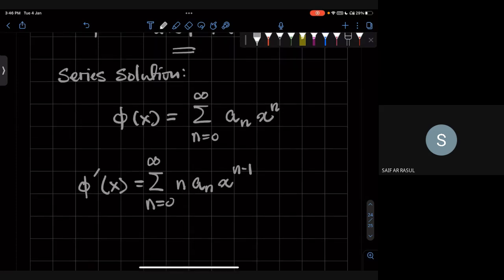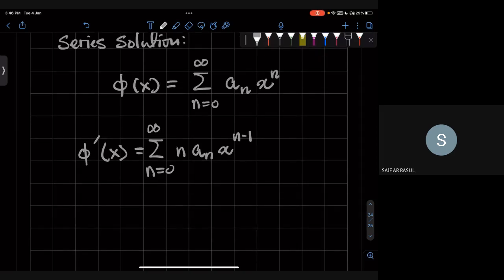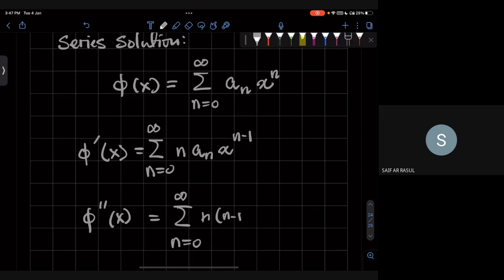As you can see, the n equals 0 term is not going to contribute. And then phi double prime of x is similarly the sum from n equals 0 to infinity of n times (n minus 1) a_n x to the power n minus 2.